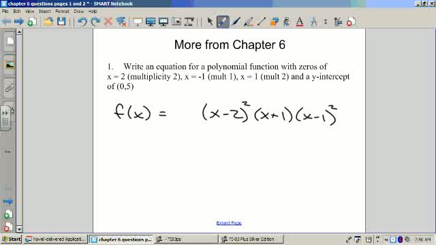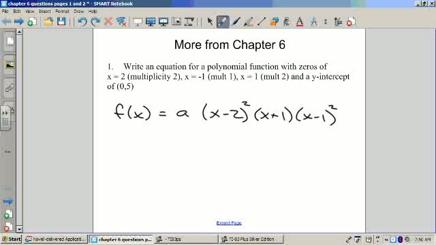If I wasn't given any information about my y-intercept, I would be through. I would just use this as a function whose leading coefficient was 1. But in this case, I'm not sure what the leading coefficient is, so I'm going to put down an a. How do I know what a is?